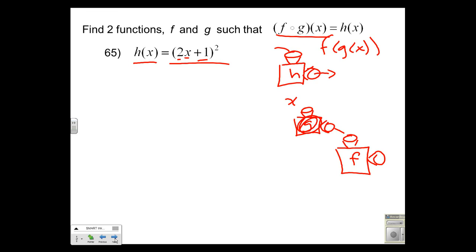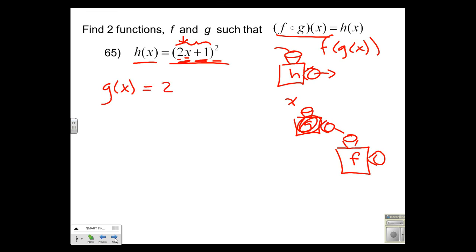And the work would be order of operations. I start with something, I multiply it by 2, I add 1, and I square it. We basically have 3 steps here, and now the elves have to debate. Do we want G to multiply by 2, or do we want G to multiply by 2 and add 1, and leave the rest to H? Let's let G take care of the first 2 steps.